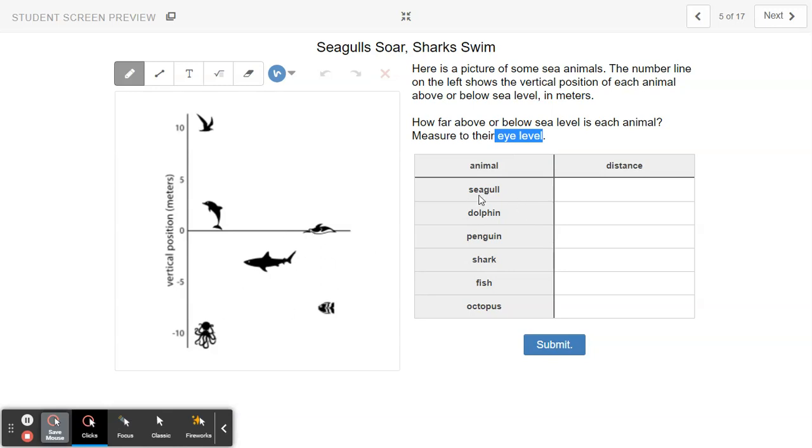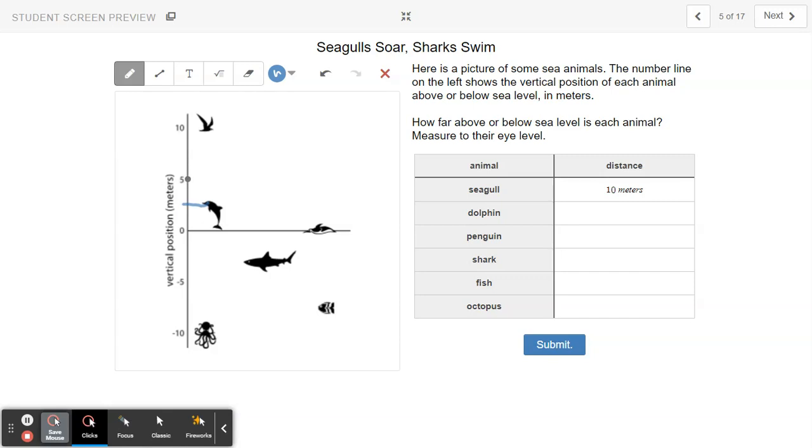Okay. So the seagull, how far above is it? Well, the distance is actually 10, right? 10 meters. The dolphin, and again, we are using its eye, which is right here. Okay, so there's that. I get several different answers for this.